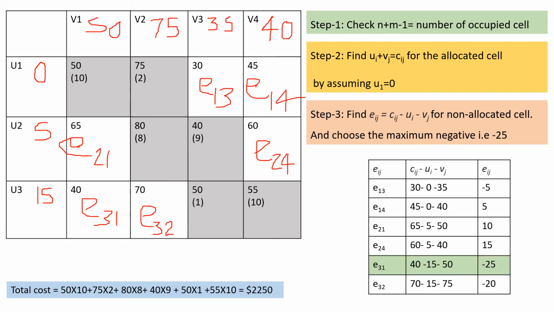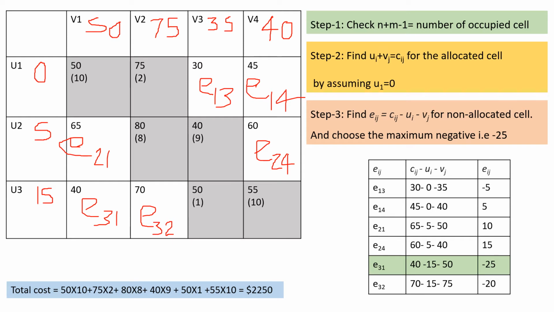So we can calculate E13 equals Cij, 30 minus 0 minus 35, so we get minus 5. For E14, 45 minus 0 minus 40. For E21, 65 minus 5 minus 50.